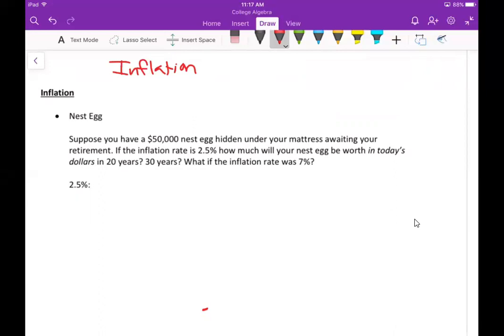But that doesn't mean my money is now worth $102.5. What it means is that something that cost $100 today, because the inflation rate is 2.5, will cost $102.50 in a year. So inflation is given as a growth rate, but it's essentially the growth rate in cost.